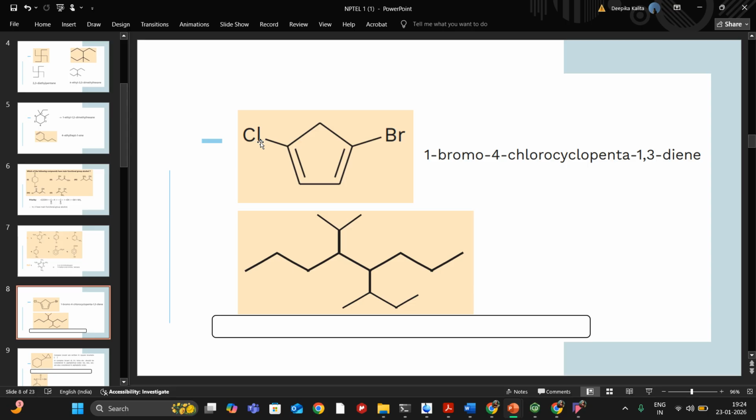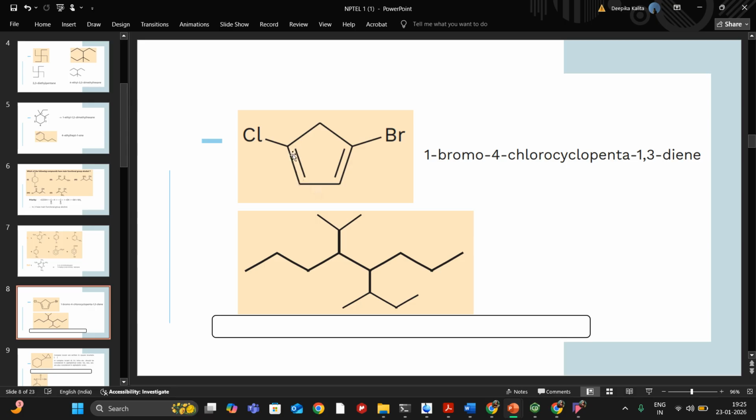Hence, this cyclopentadiene molecule will be named as 1-bromo, then 1, 2, 3, 4. Always move in the clockwise direction. So the name will be 1-bromo 4-chloro cyclopenta-1,3-diene.